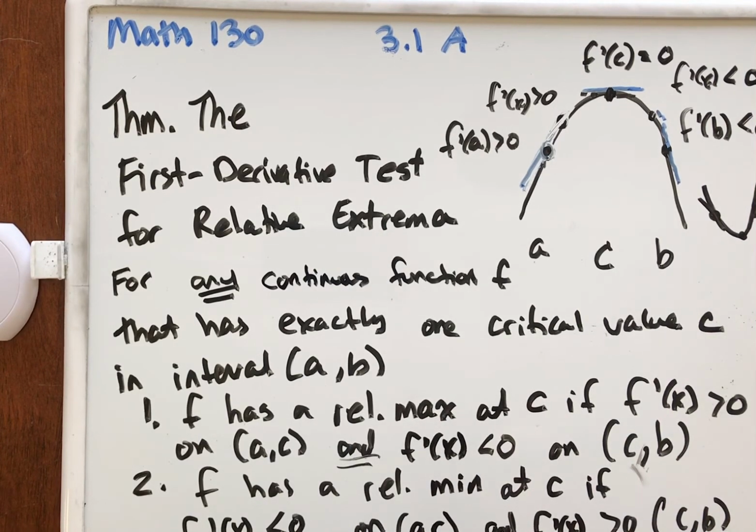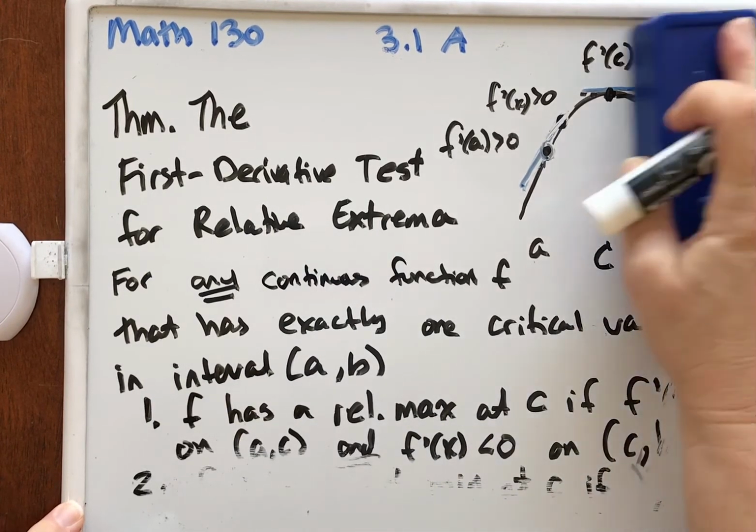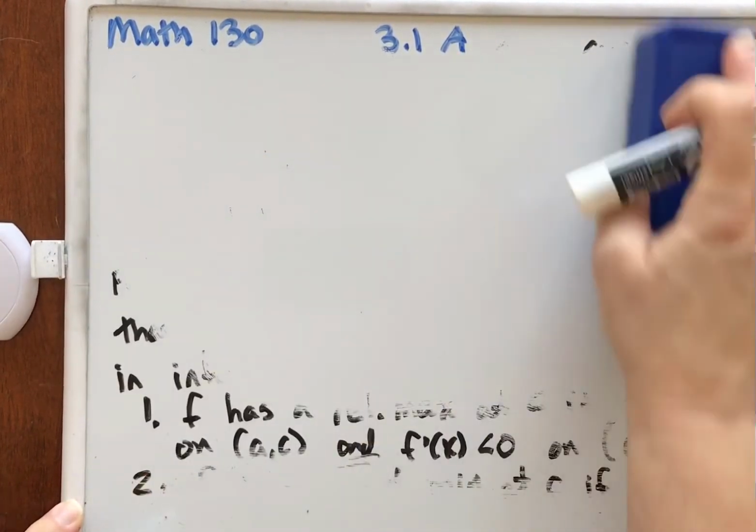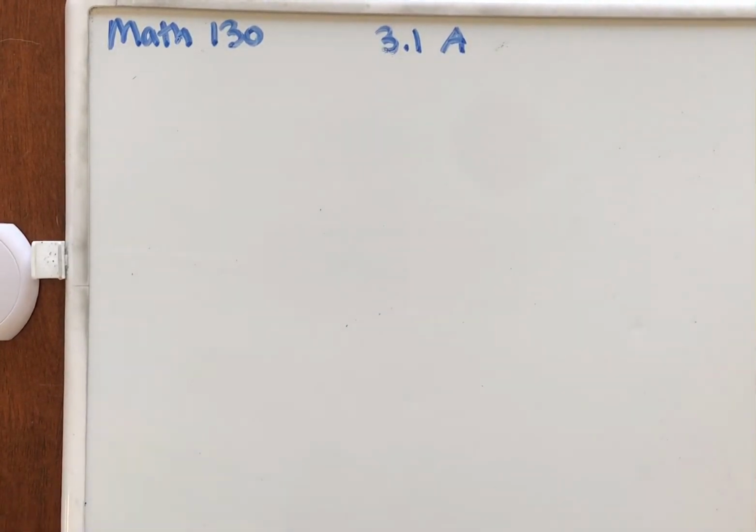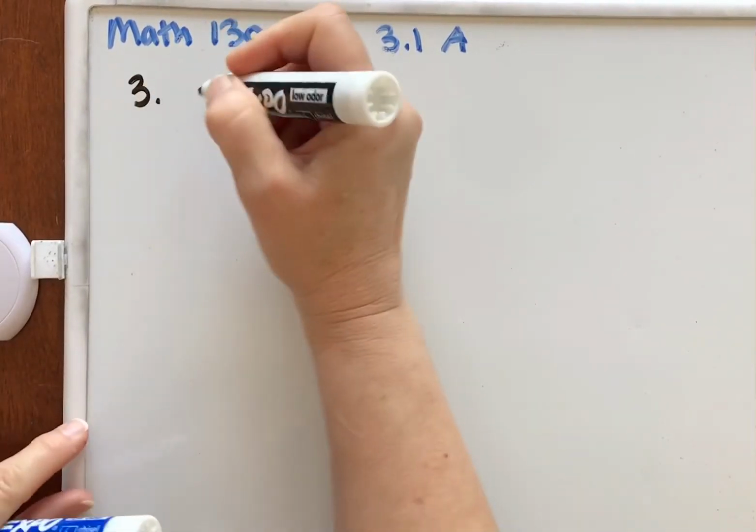All right, and then we have one more, 1, 2, and now we're going to put 3, the third part of this theorem. Okay, number 3.